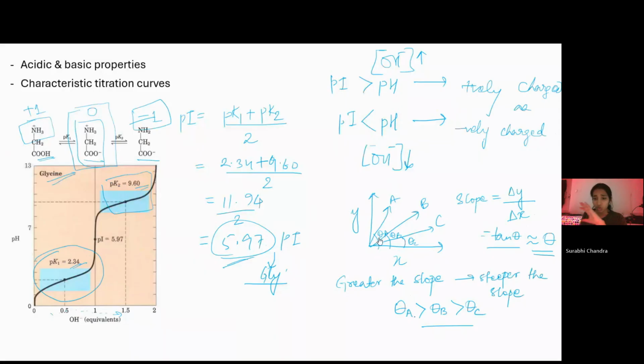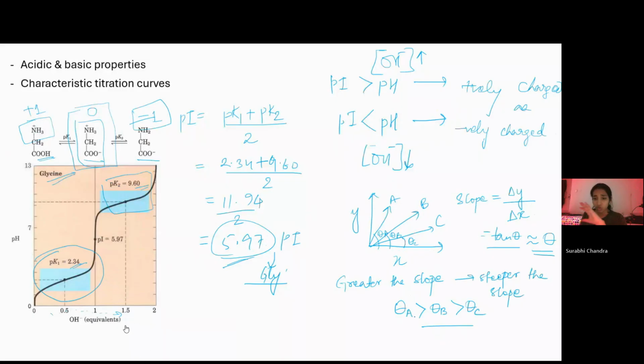See here, theta a in this case, for the A sample, you have a greater and steeper slope. What will happen in that scenario is, when the slope is really steep, if you see the pI region here, any small change in the delta x value will lead to a very large change in the y axis, right?